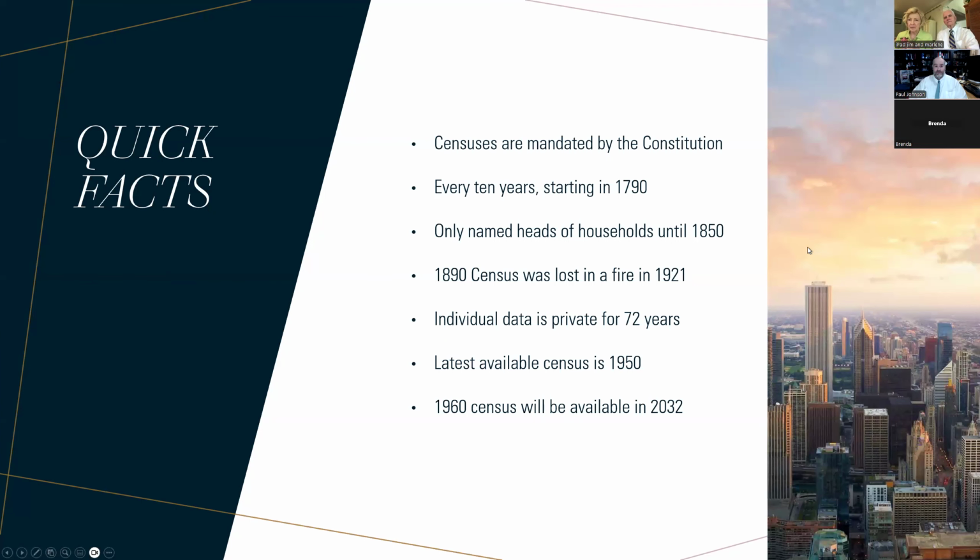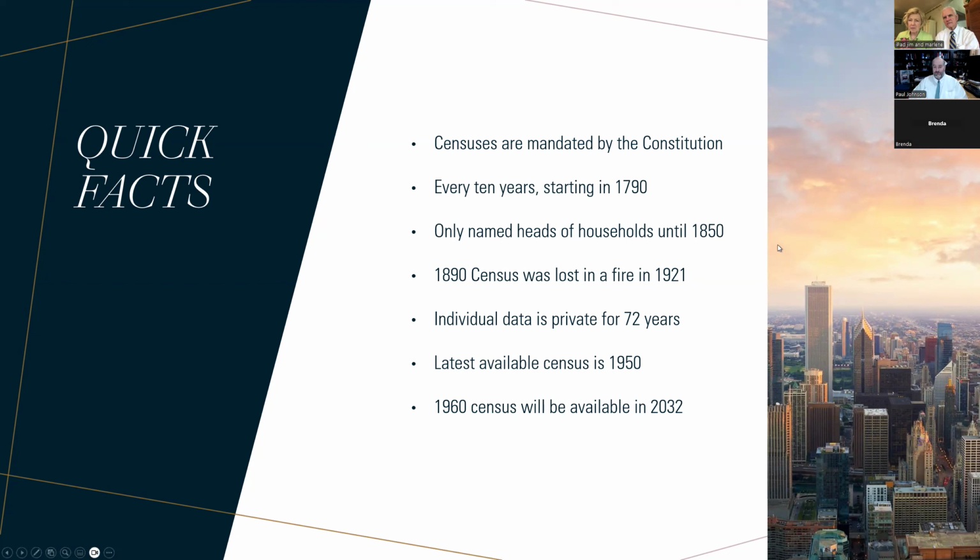All right, so first, some quick facts about the census you may or may not know. The censuses are mandated by the US Constitution. They happen every 10 years, and the first one was done in 1790. Up until 1850, they only tracked the names of heads of households.